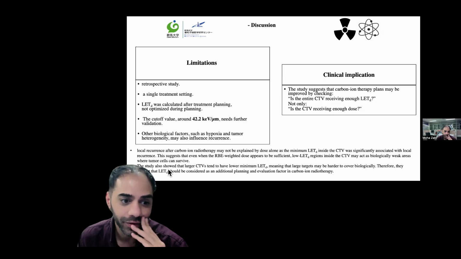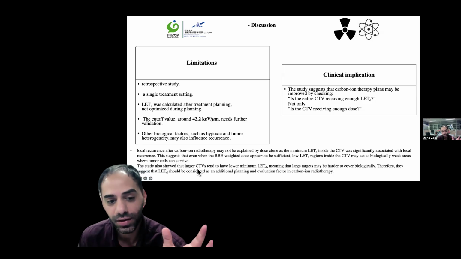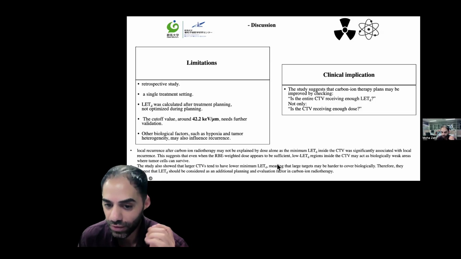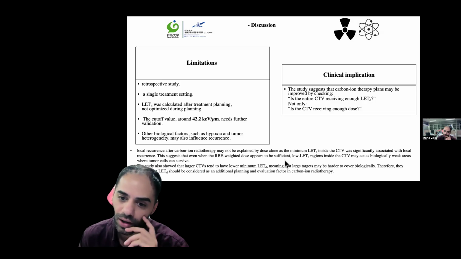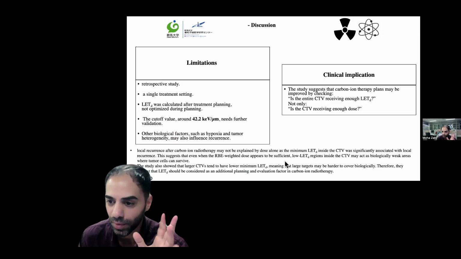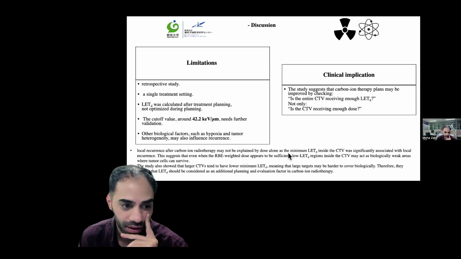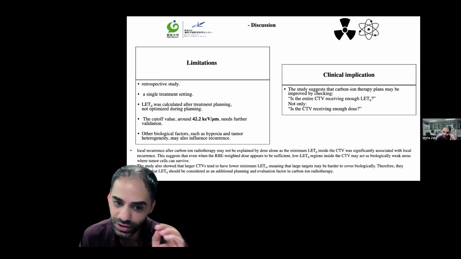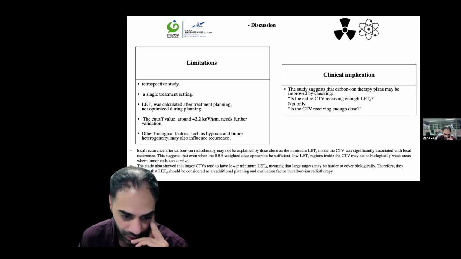The study also showed that larger clinical target volumes tend to have lower minimum dose average LET, meaning that the larger target might be harder to cover biologically. Therefore, they suggest that dose average LET should be considered as an additional planning and evaluation factor in carbon ion radiotherapy.